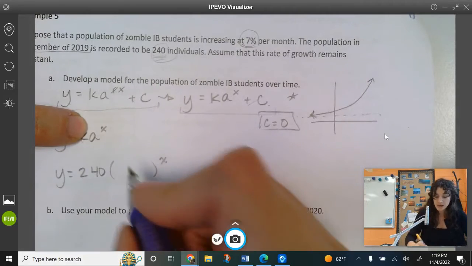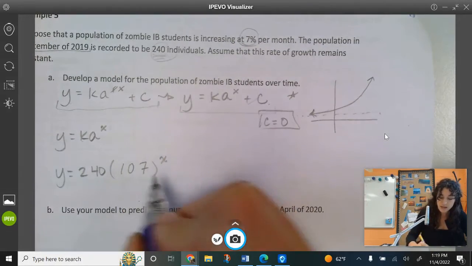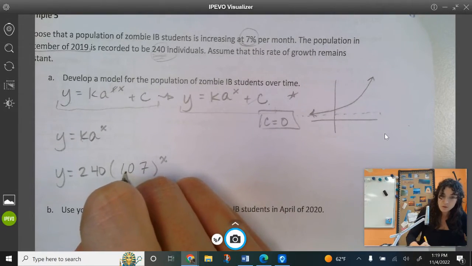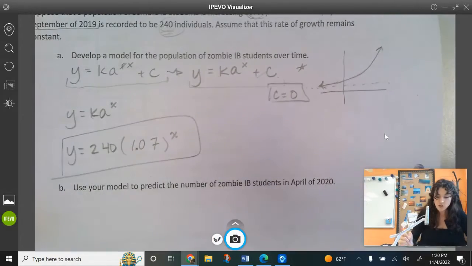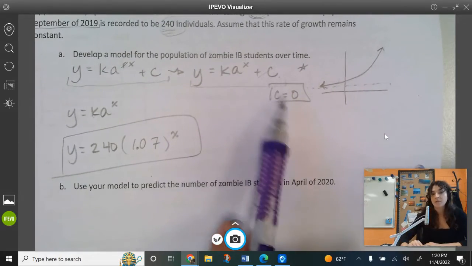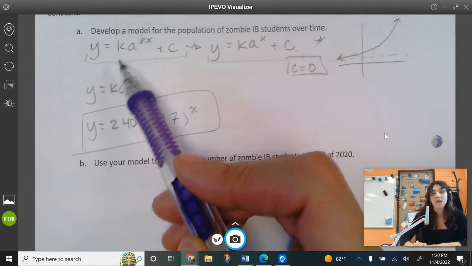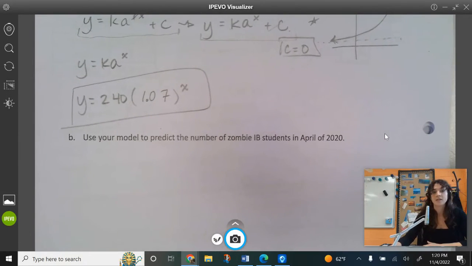So if we're increasing by that much, that's 100 plus 7%, so 107%. In decimal form, that means we put the decimal right here. So that is our exponential model, and not super complicated to create, but we had to know a few things. Like, we had to be able to spot that our horizontal asymptote is C, and we had to know that R doesn't come into consideration unless it tells us to put R into consideration.